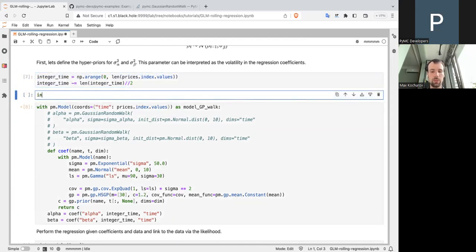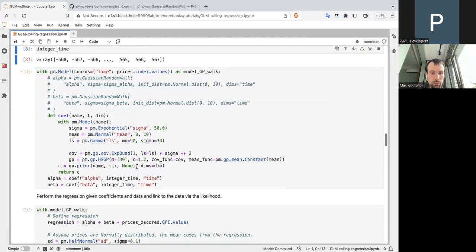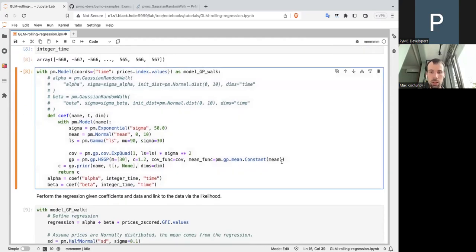And our integer time is from -500 to 500 something, so it's about 1000 time points. Obviously, the mean function is constant. We don't assume our dependency deviates in some sort of way.